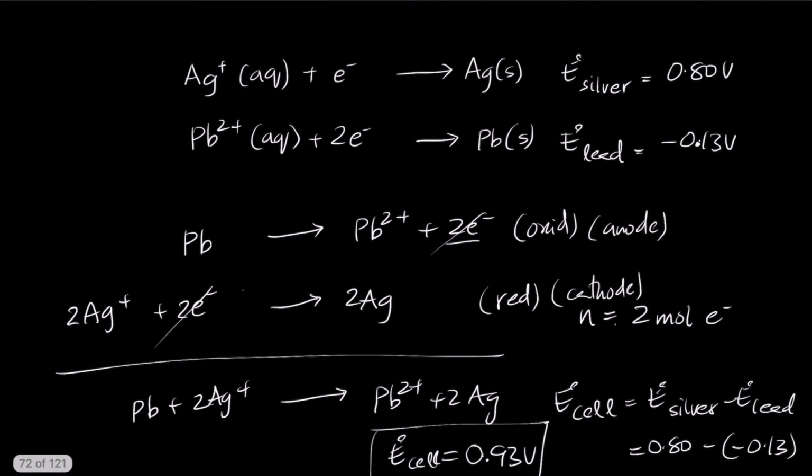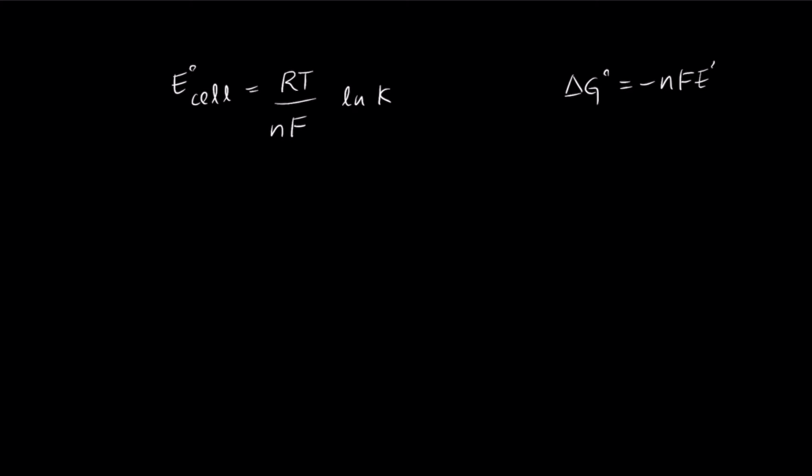Now, first things first, notice the equations. The cell potential is equal to RT over NF ln K. So this is one equation. The other equation is delta G prime equals negative NF times the cell potential. First they're asking us to calculate delta G prime.